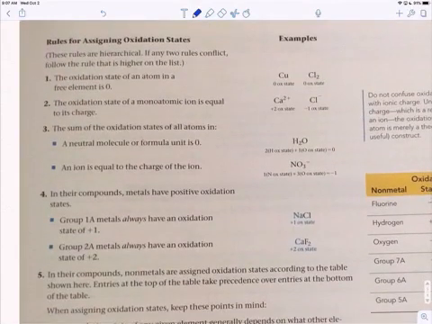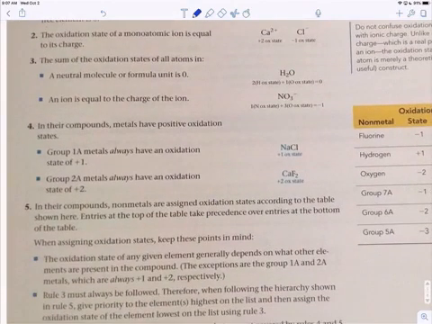Alkalis, that's plus 1, that's potassium, here's the chart.